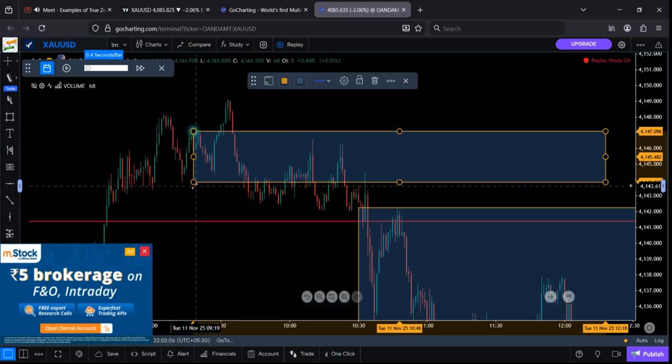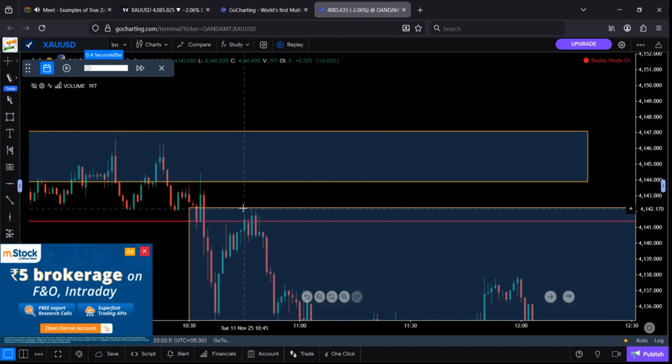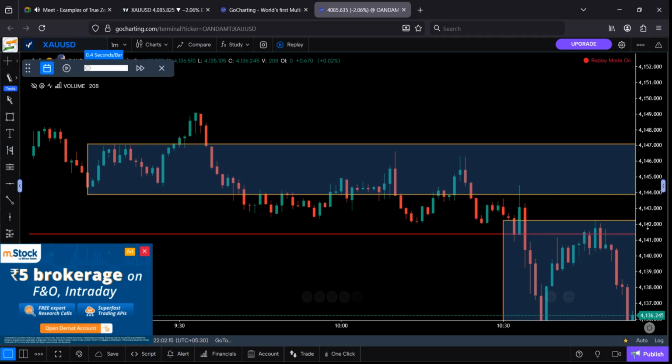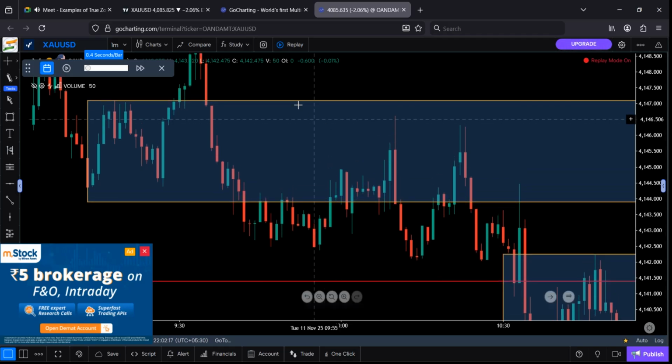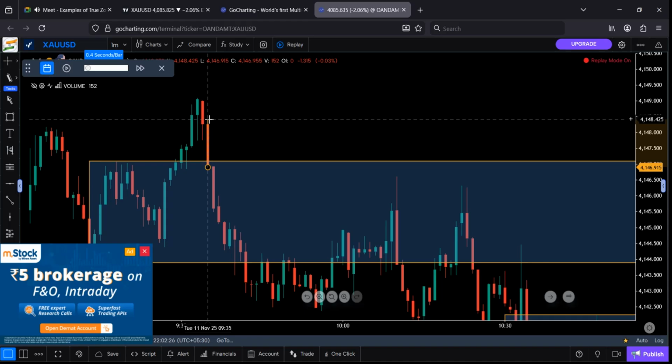This one, the internal one, right? So this is here, like this somewhere here. We have a zone around this area.